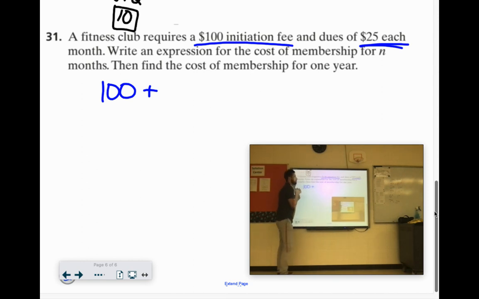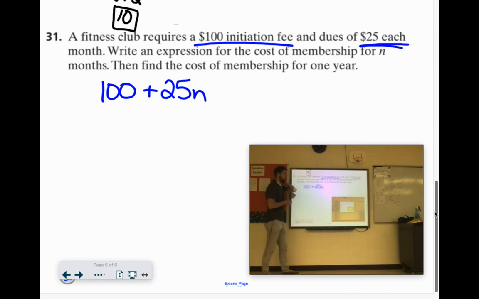If it says it's $25 each month, write an expression for the cost of membership for n months. So it's $25 per month, so that'd be 25 times the n plus your $100. So that's one way you could write it. You could also write it 100 plus 25n. That would mean the same thing.